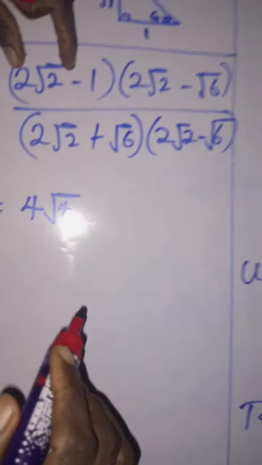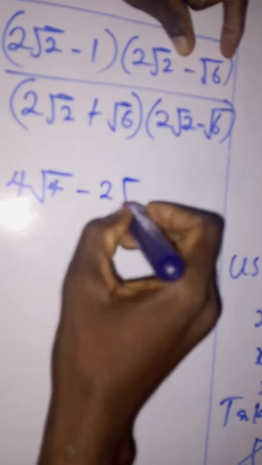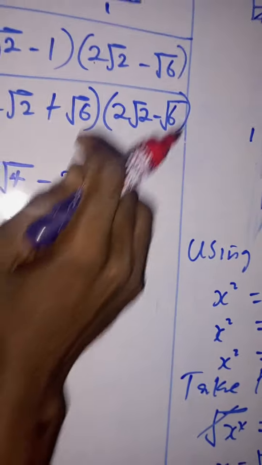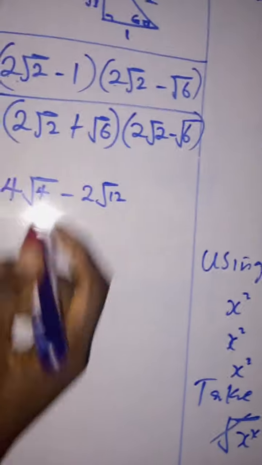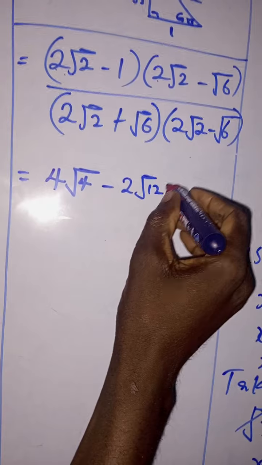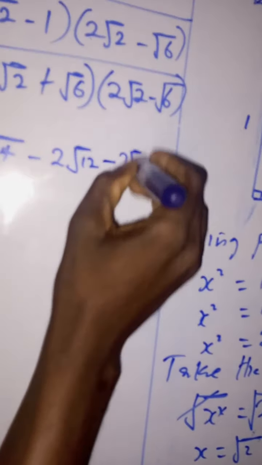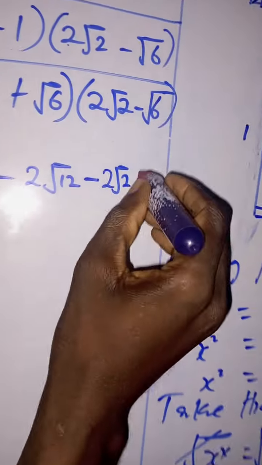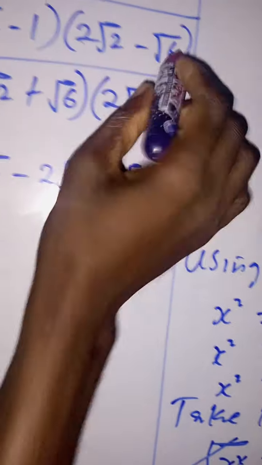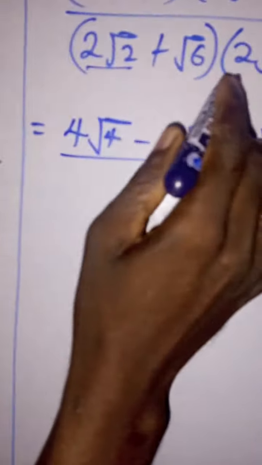When I multiply this and this, it will give me minus 2 root 12, because they are roots. Now I'm done with this, I come to this. Minus, if we want to multiply this, it will remain the same. So this times this will be plus, so 1 times that will give me root 6, divided by. So let me do the same thing, this multiplied by this first.